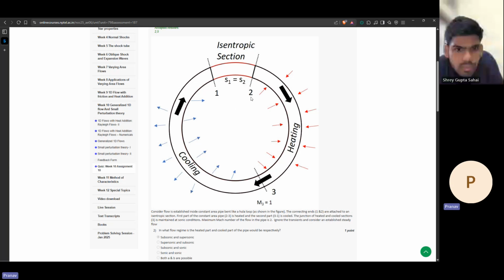From section 2, if we start with a subsonic Mach number, for example 0.4 or 0.5, it gets heated and accelerates to Mach 1. Then it starts cooling, so it transitions to supersonic Mach numbers.